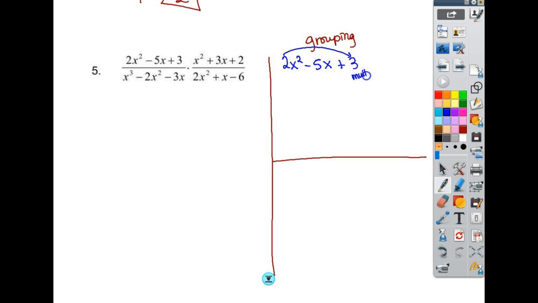So what multiplies to 6 that adds to negative 5, and we're going to put those two terms that meet that criteria in the middle. What does multiply to a positive 6 but adds to a negative 5? Okay, a negative 3 and a negative 2. I might as well match up my 3's and my 2's together. 2's with the 2's, 3's with the 3's.